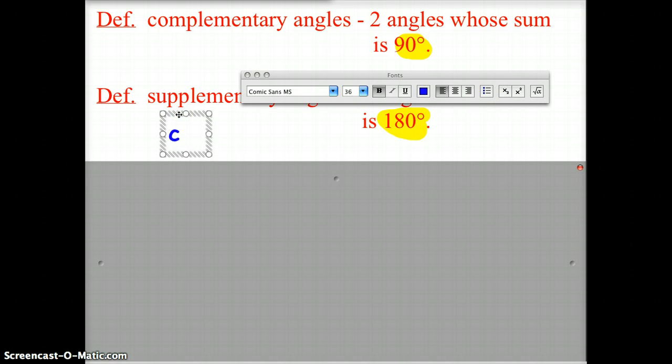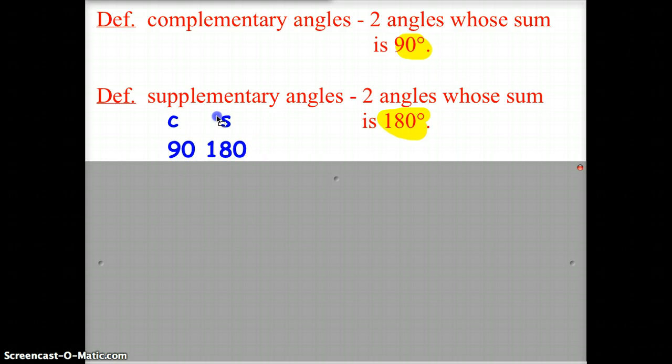C comes before S in the dictionary, and 90 comes before 180 when you're counting. So that's the way that I would keep complementary and supplementary straight. C comes first, so does 90. S comes second, so does 180.